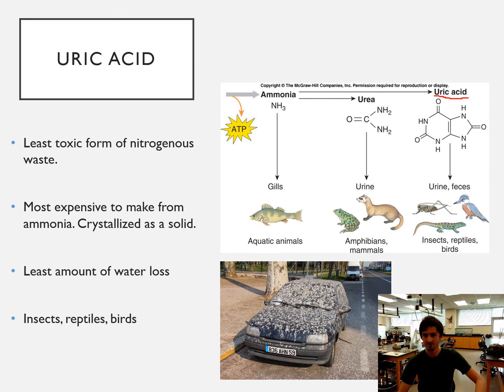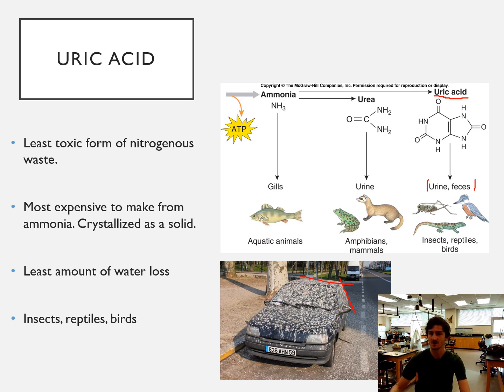So if you've ever seen a car, or if you've ever owned a snake, that white stuff you see here, that's all uric acid produced by birds or reptiles or whatever. There's almost no water lost here. It's basically the most efficient way to save water for an excretory system. It is the most expensive to make.